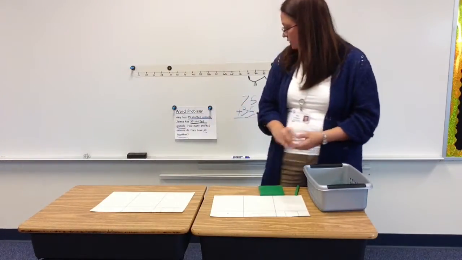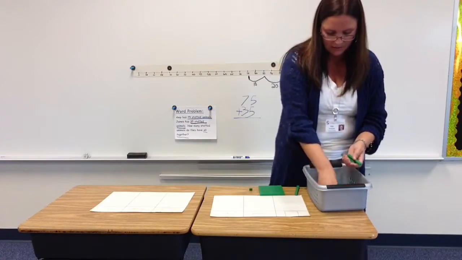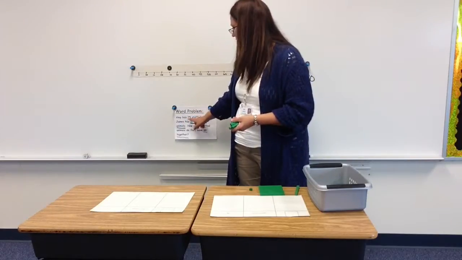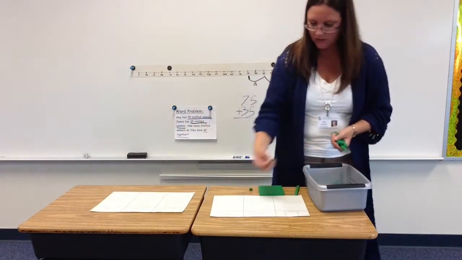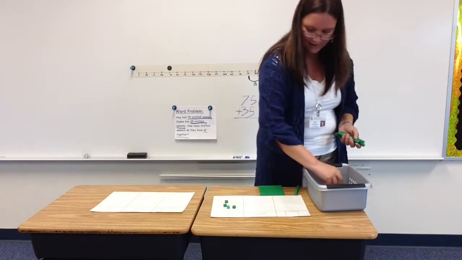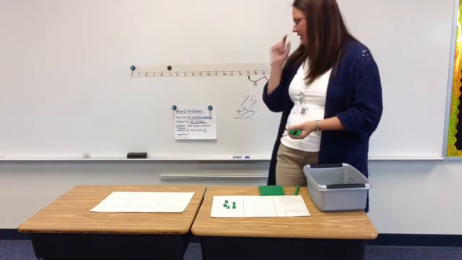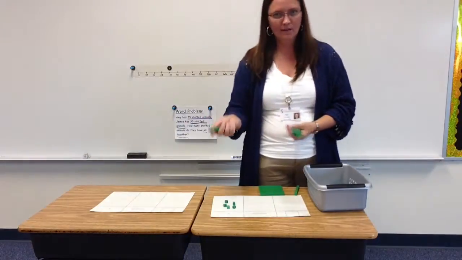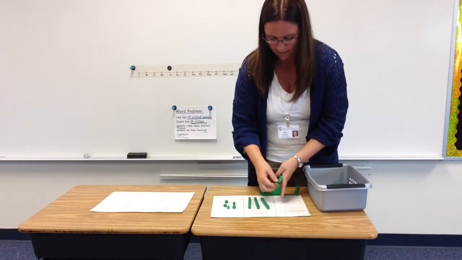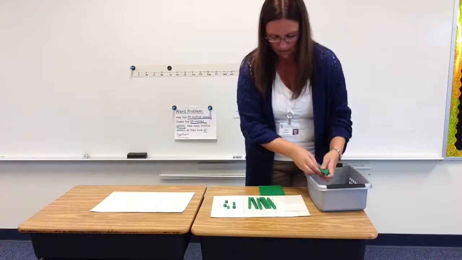Okay, so this first one says that Amy has 75 stuffed animals. So in the ones column, we have 5. So let's go ahead and put out our 1, 2, 3, 4, and 5 ones. In the tens column, it says that we have 7. 7 tens is 70. 1, 2, 3, 4, 5, 6, 7.